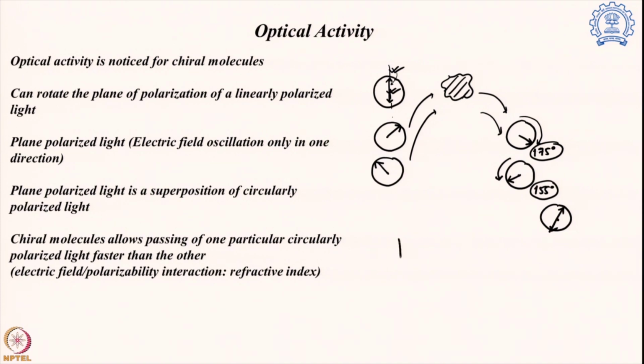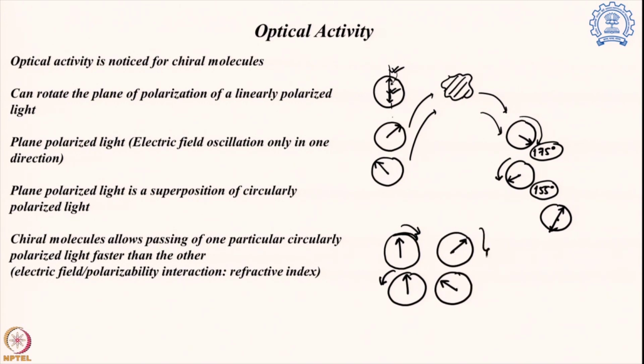So coming back one more time, previously the right hand circular polarized light and the left hand circular polarized light started moving in the same direction, with the same magnitude. So that's why when you look at the resultant of them, they are always in the same position.